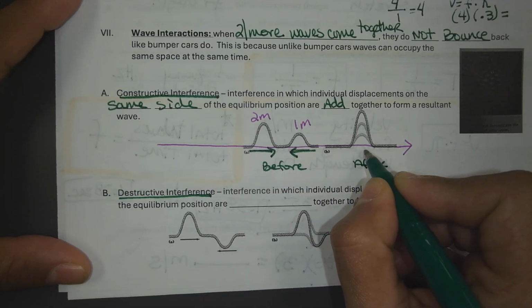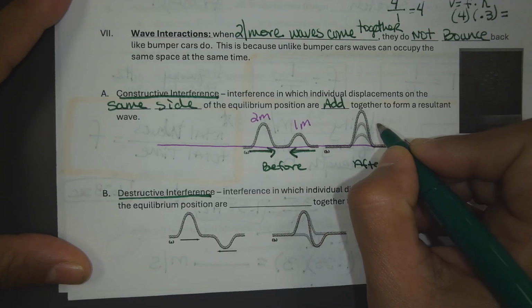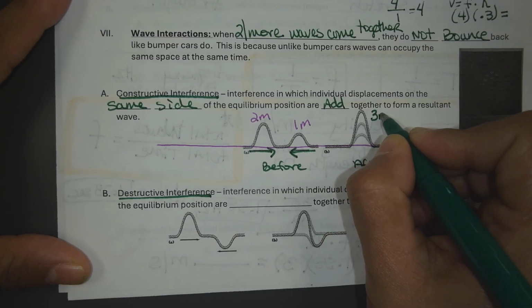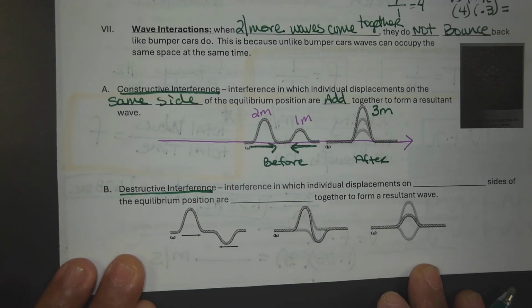They're going to occupy the same exact space, but instead, they add and combine to 3 meters in height. Why? Because the matter cannot take up the same space at the same time. Duh, we know that. But the energy can. Ooh. And so now the matter gets bigger. We call it constructive interference.